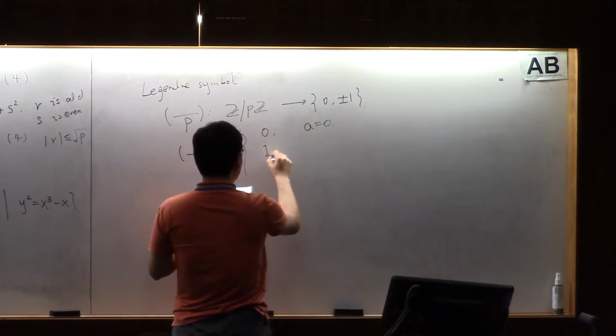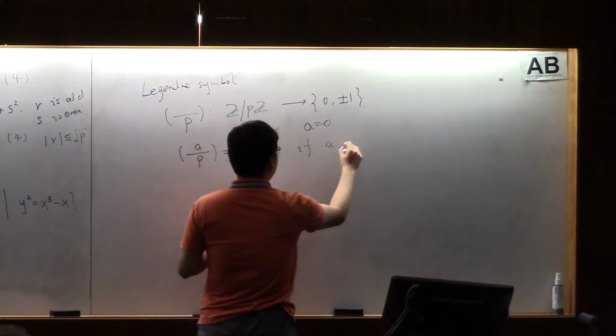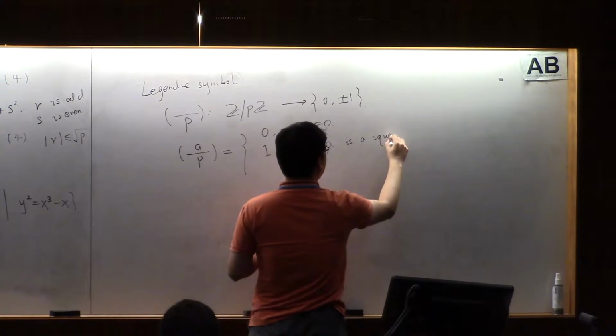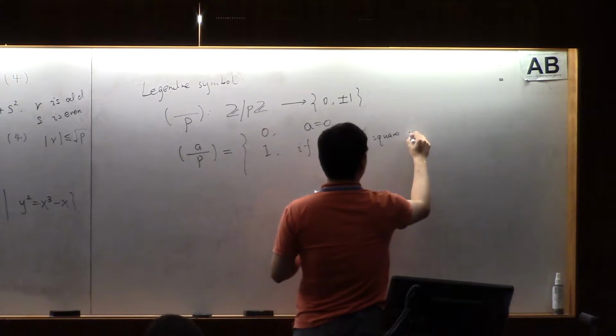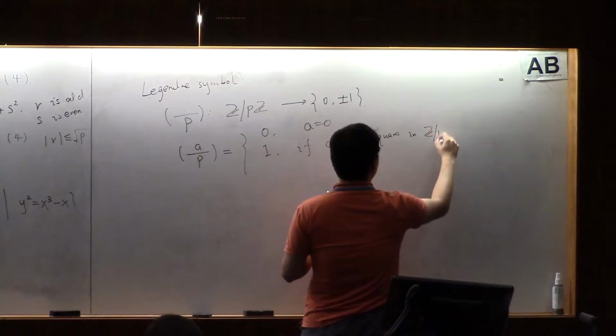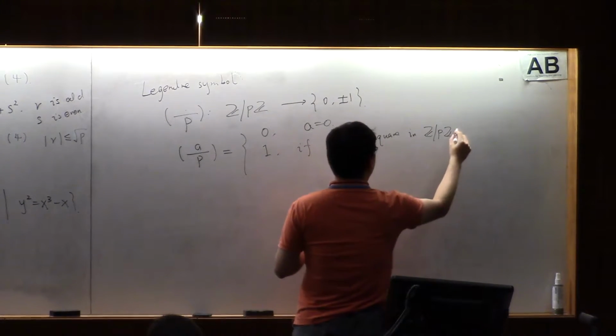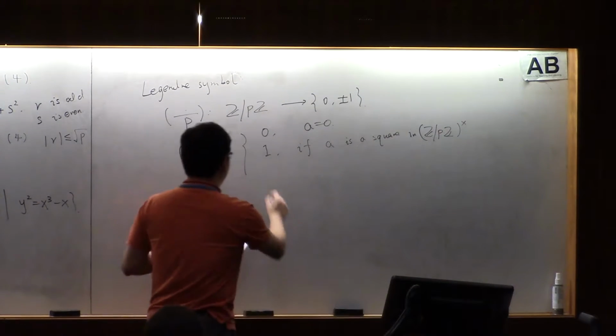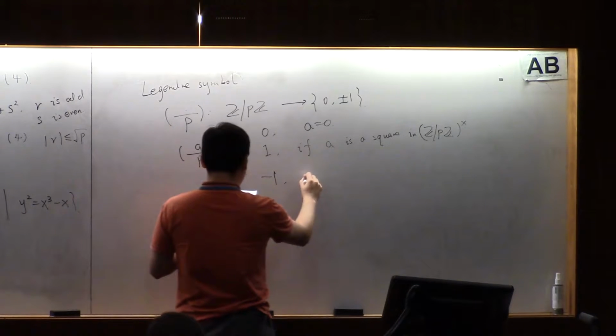It is 1 if a is a square in Z mod pZ but is not 0. And it is -1 in other cases.